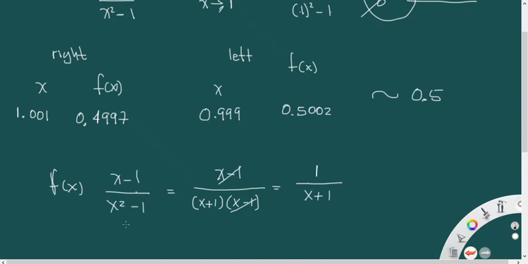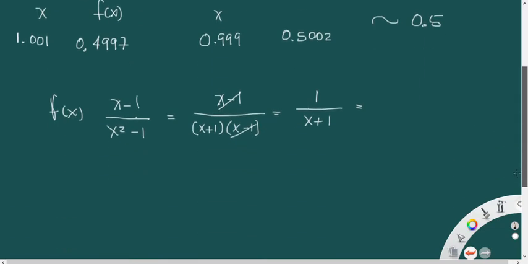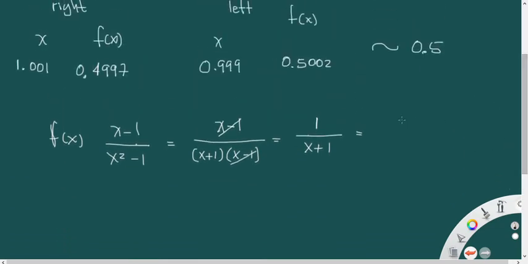The only difference is that I performed factorization on this denominator just to get rid of the indetermination in the function. So now, if I substitute x equals 1, that will be equal to 1 over 1 plus 1, and that's equal to 1 over 2, and that's equal to 0.5.